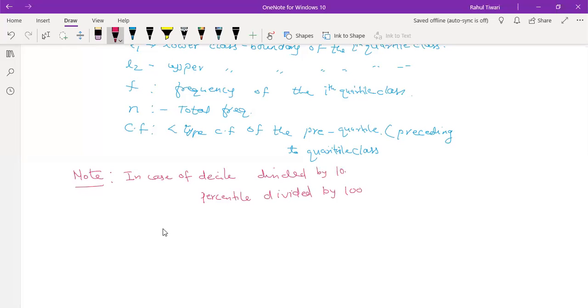So this could be the difference in the case of percentile and decile.